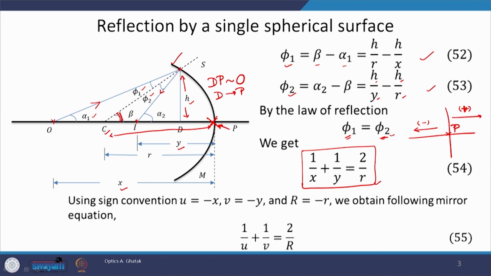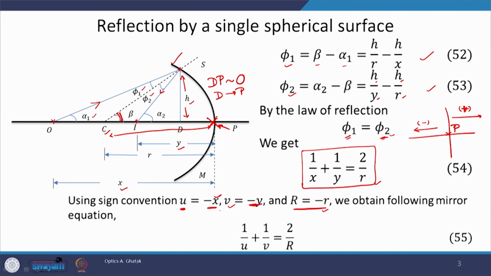As per the sign convention, we represent the object distance by u, and therefore u would be minus x, since x is to the left of P. Similarly, v would be minus y, and the radius of curvature, which is represented by capital R, would be minus small r.